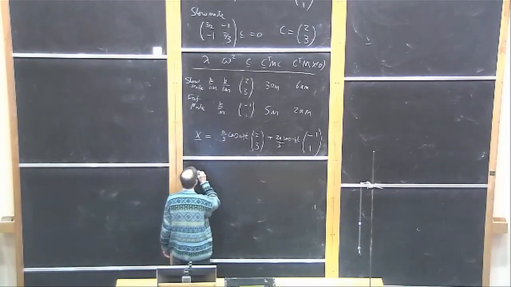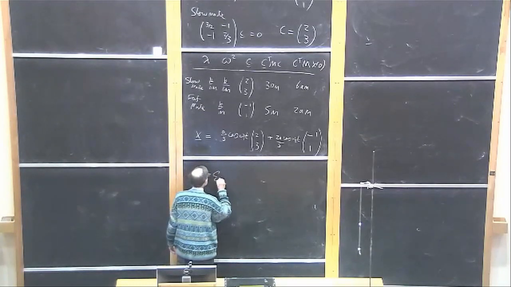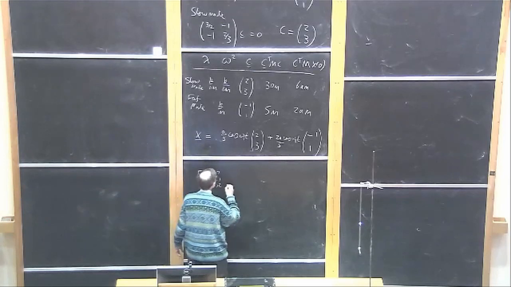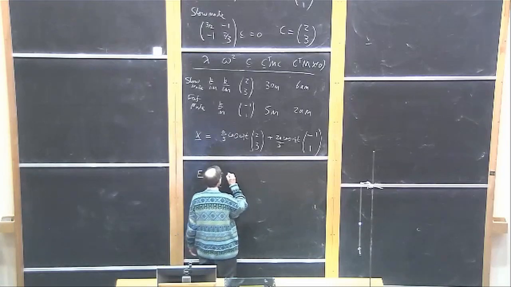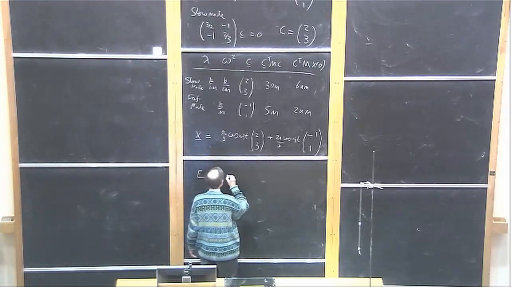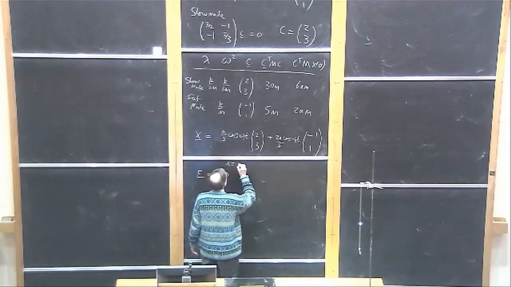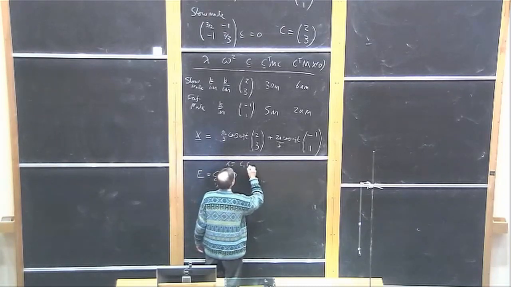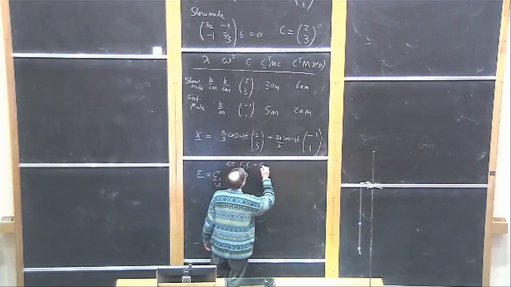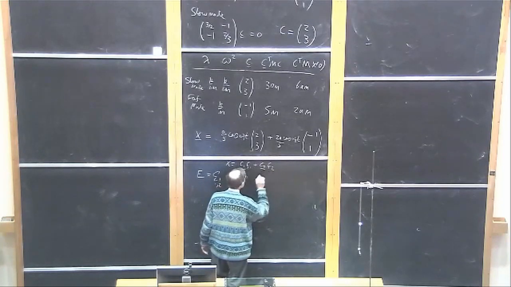So E is sum over 1, 2 times, and this worked out to be, well, we can actually do it, can't we? X is C1 F1 plus C2 F2.